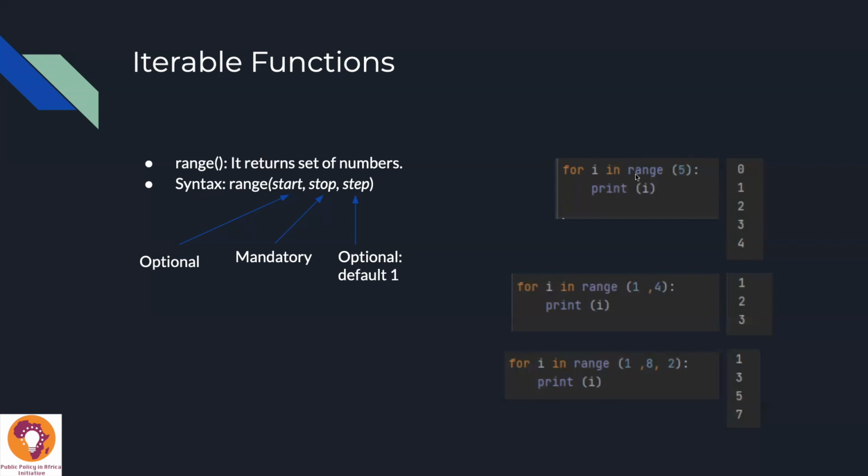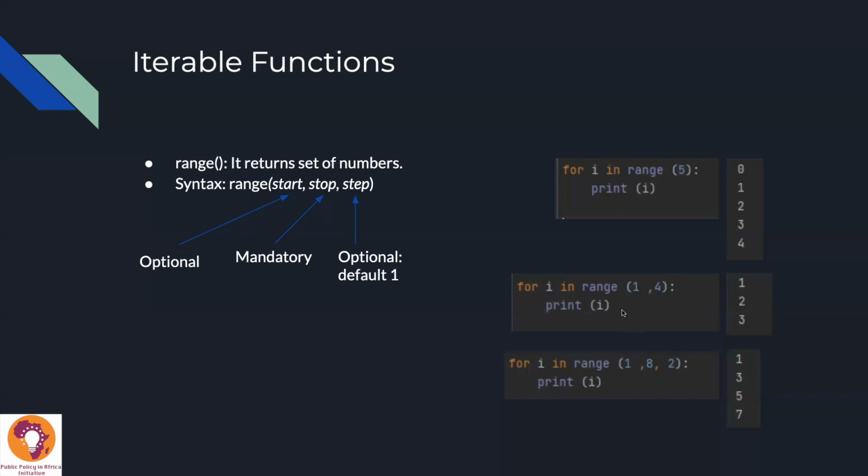Second iteration equal to 1, third iteration equal to 2, fourth iteration equal to 3, and fifth iteration equal to 4. The default of start is 0, so that's why we started out with 0 here, but remember that the stop argument is exclusive, so we won't see a 5 output in this case.